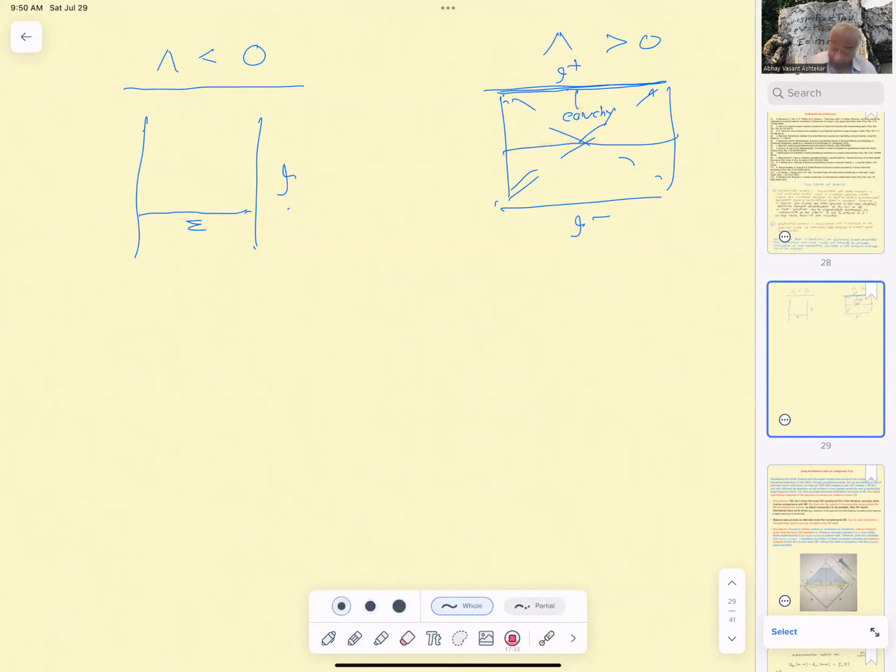And in fact, Helmut Friedrich has shown that when Scri has an S3 topology, you can give yourself Cauchy data here, and for small Cauchy data in the nonlinear sense, I can actually evolve all the way up to Scri plus.